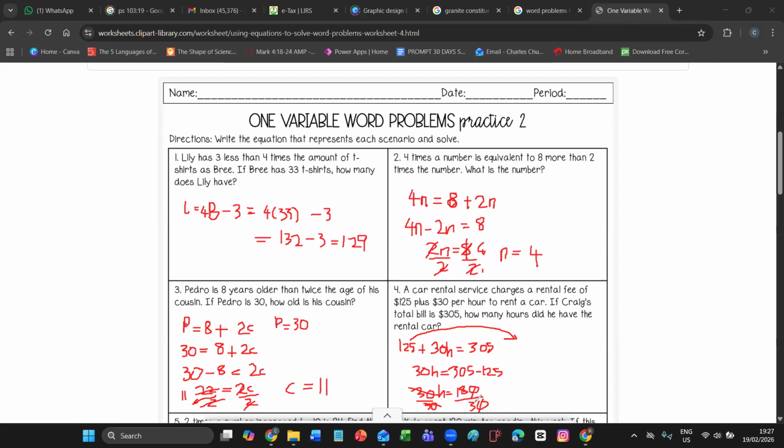Yes, exactly, because 6 times 3 is 18. Therefore h equals 6 hours. So that's how long he had the car.